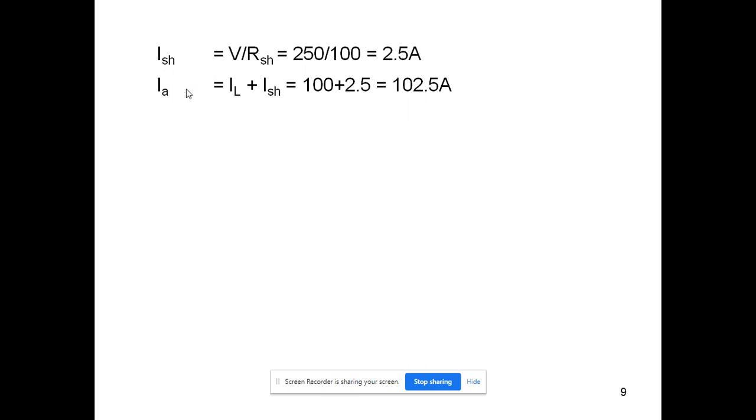Here Ia is generated in the armature and gets divided into two parts: one is the shunt field current and the other is the load current.